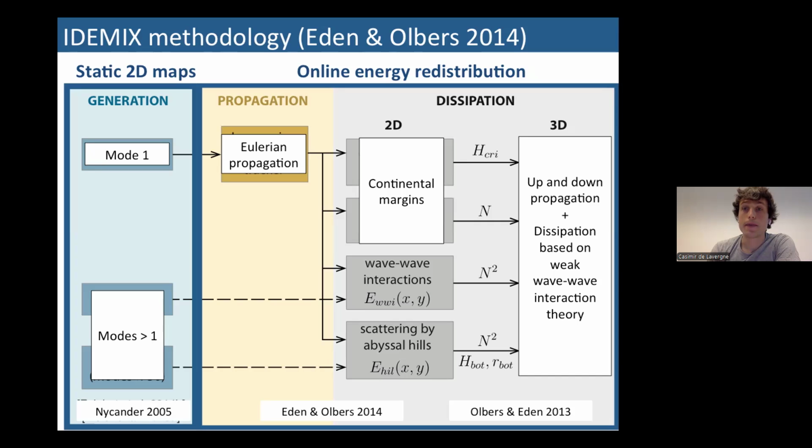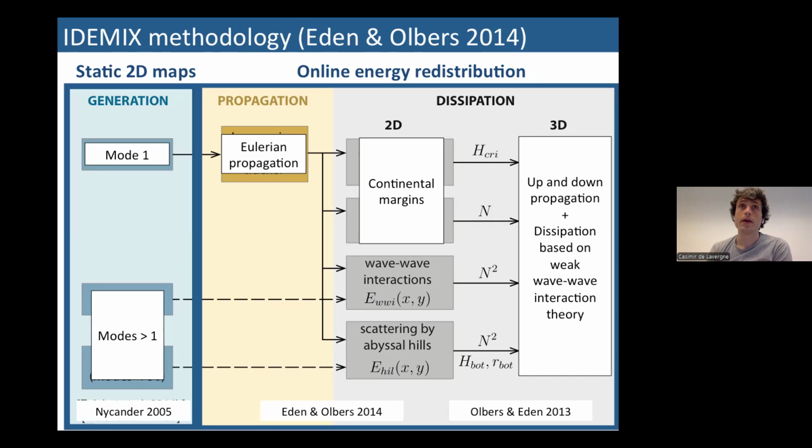Yes, that's right. Each beam is tracked independently, so the beams don't interact with each other. And it's done once for all on the climatological stratification. I take a beam and I propagate it from grid cell to grid cell until there is no more energy flux left in that beam, essentially. And then I move to the next beam.